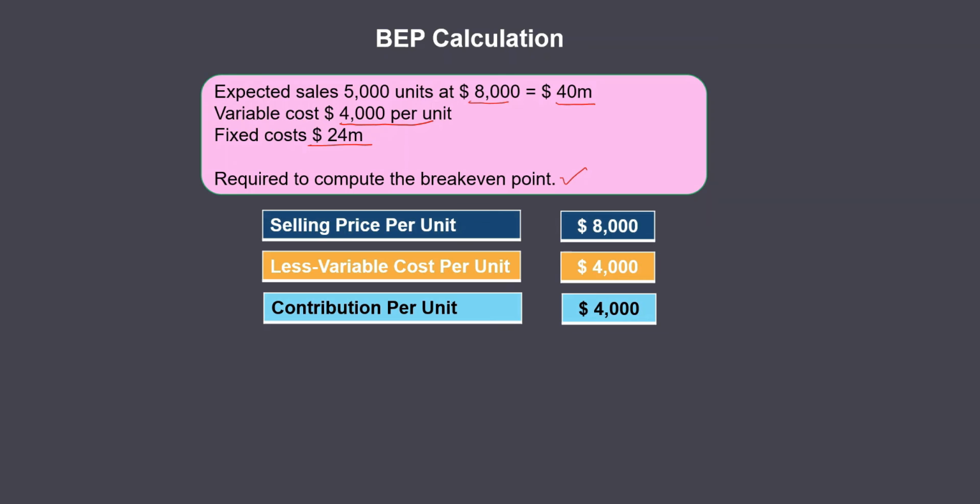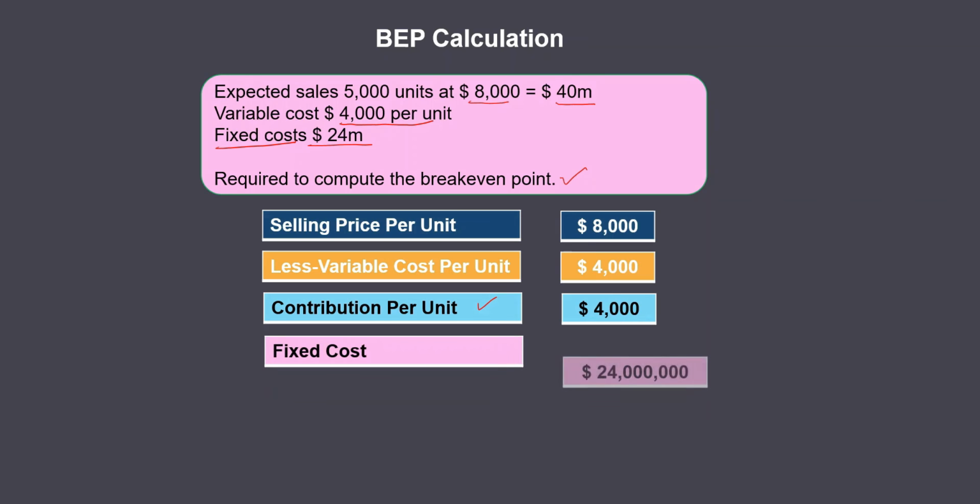Now let's take the contribution per unit to calculate the break-even point. You are given the fixed cost of 24 million. What is the formula to calculate the break-even point? Total fixed cost should be divided by contribution per unit.